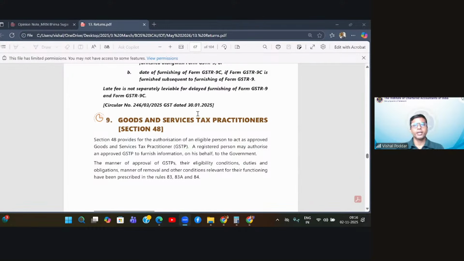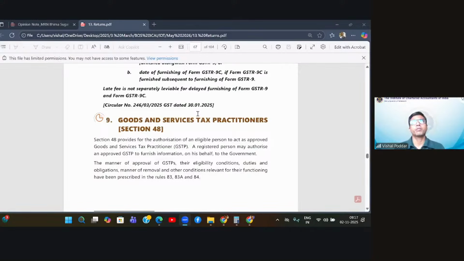I am registering as a GSTP so that you can select me through the portal only. So when you log in to your GSTN of your business, from there, you can go and search me in the GSTP category and you can select me as your GSTP.